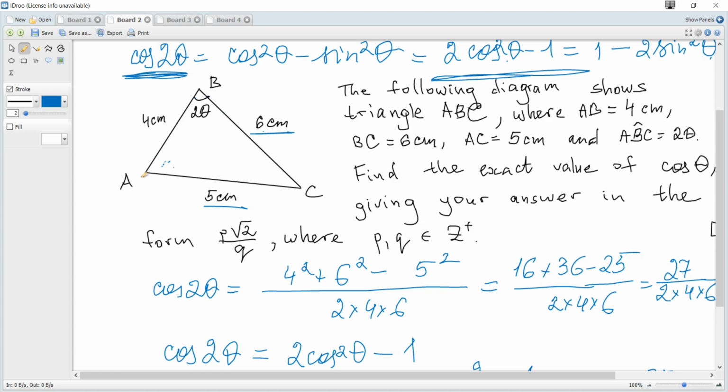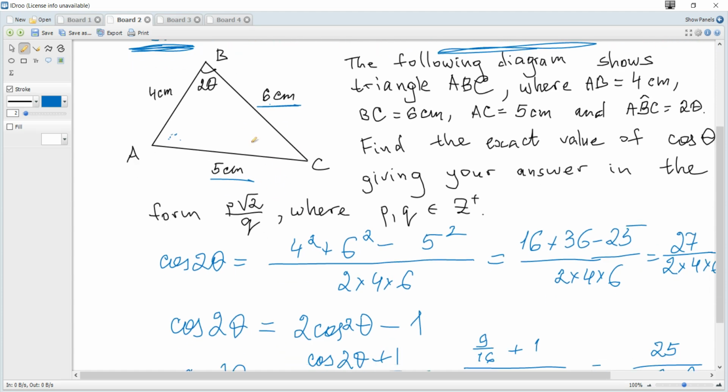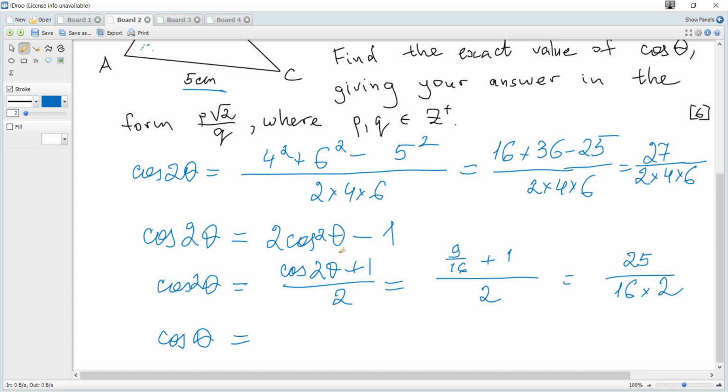So 2 theta is less than 90, it's acute. Hence theta is also acute, in the first quadrant, and cosine for acute angles is positive.